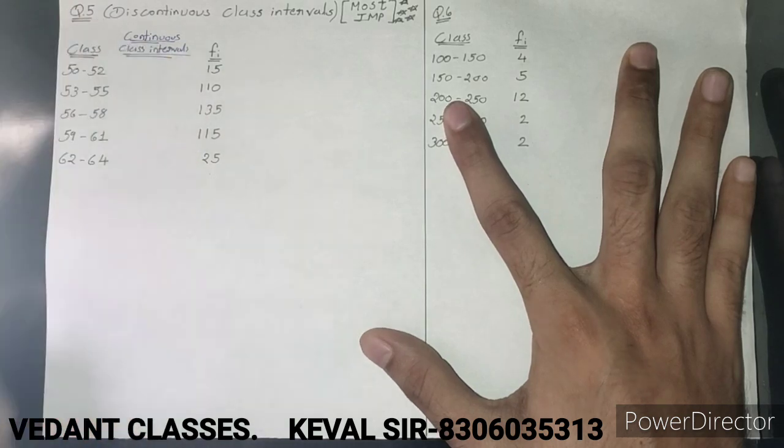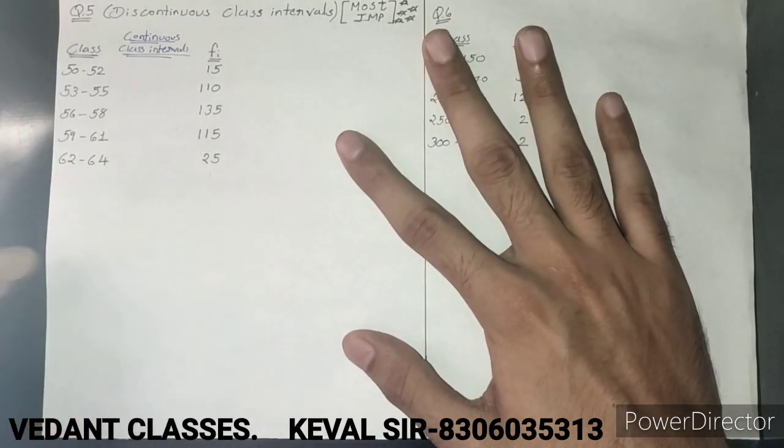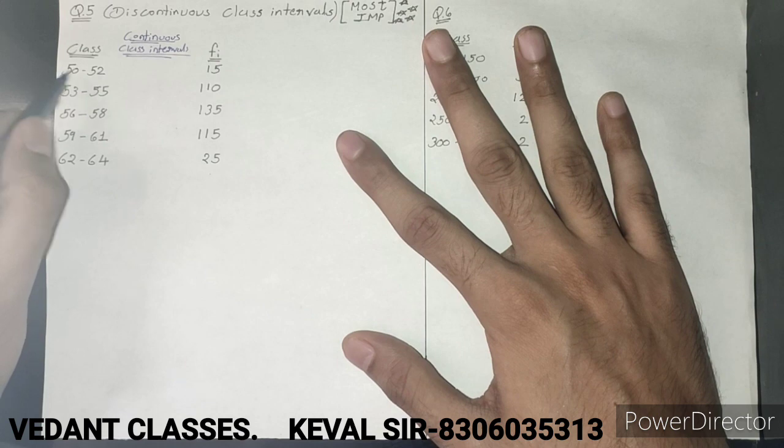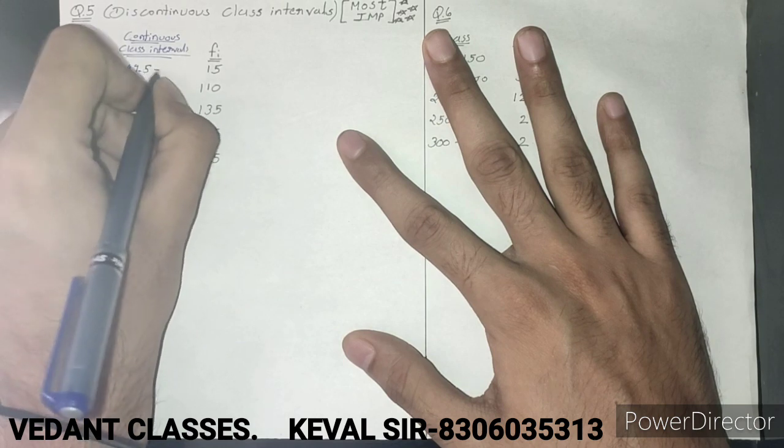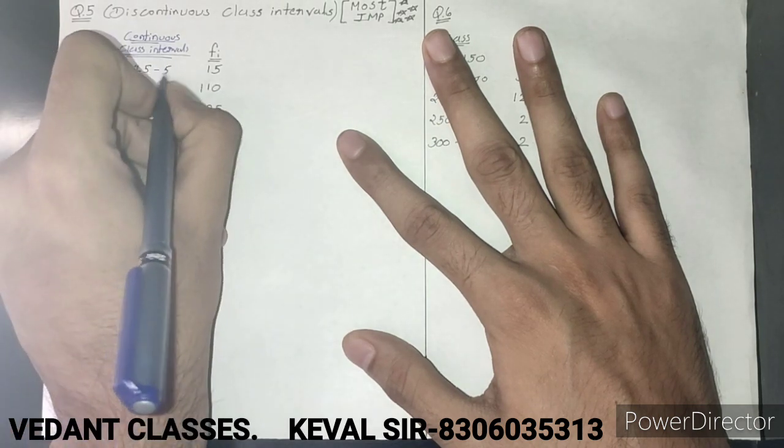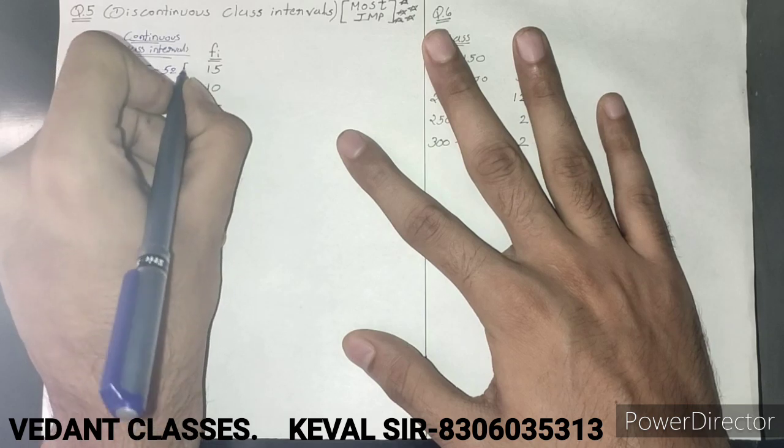To convert it into the continuous class interval, you just need to subtract 0.5 from this and add 0.5 in this. So it will be like this: 49.5, and this will become 52.5.